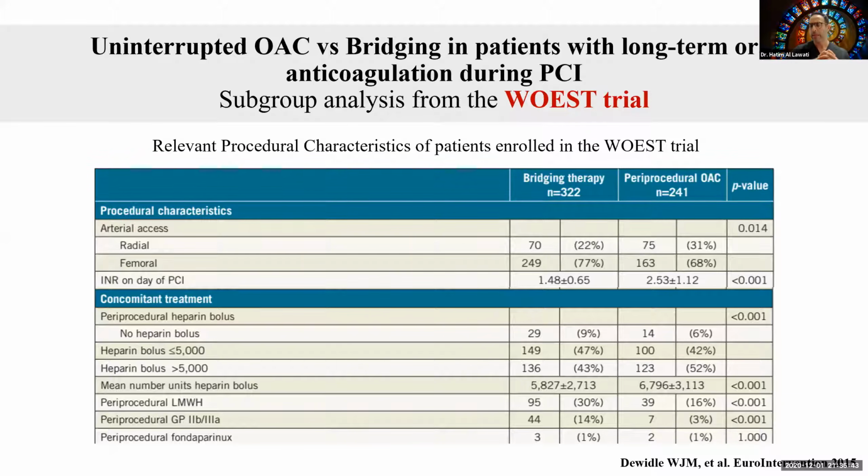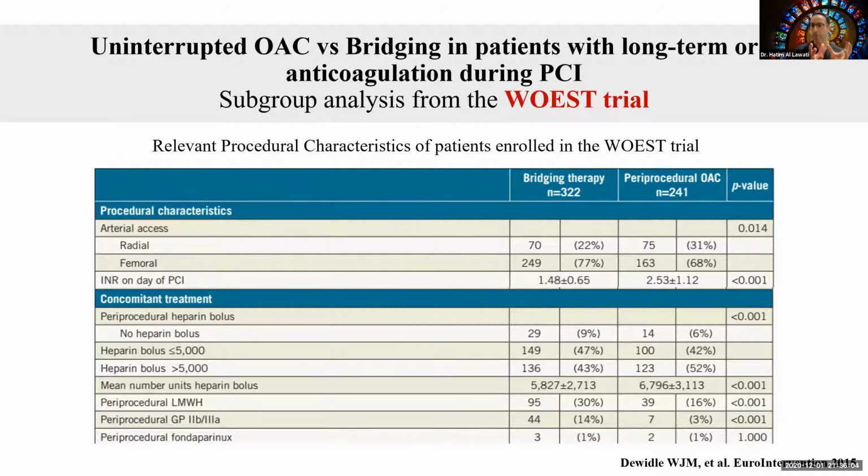And it turns out that using a single antiplatelet agent, often clopidogrel with vitamin K antagonist, resulted in a significant reduction in bleeding complications without a significant increase in stent thrombosis. Following this, a number of other trials established the safety of single antiplatelet therapy with anticoagulation.